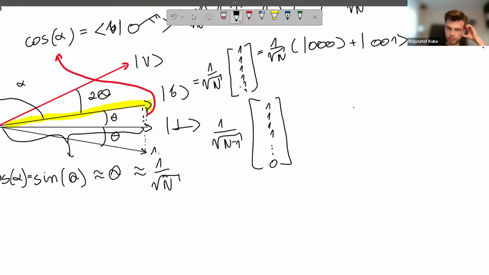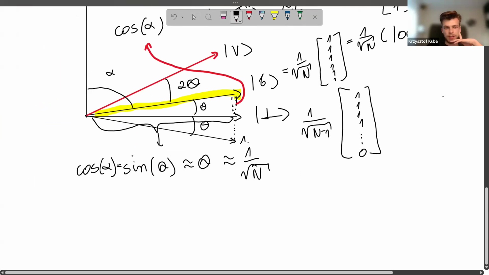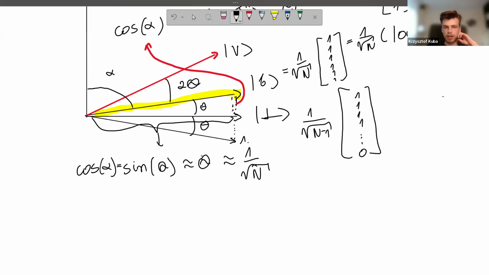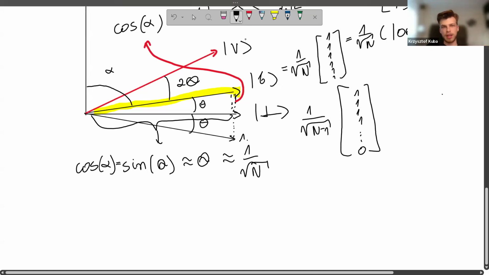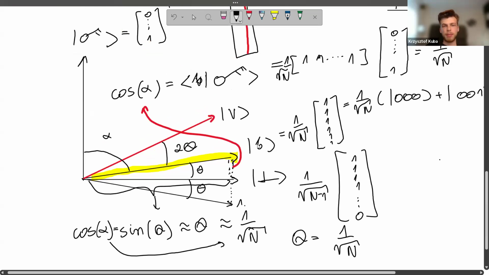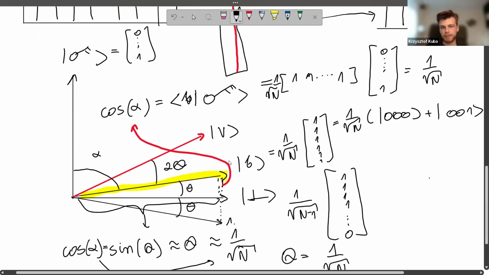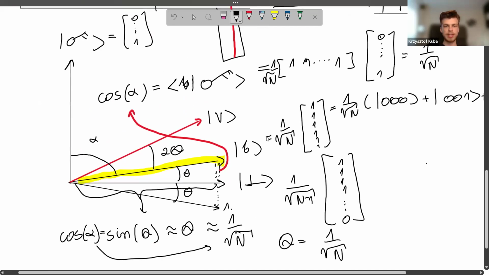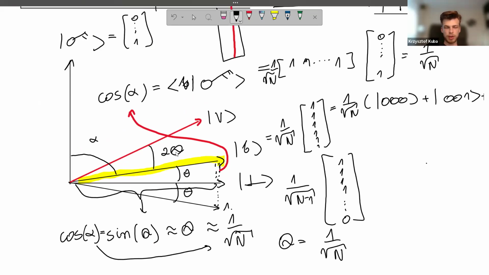Right. Cosine of alpha equals sine of theta, which in a Taylor approximation in the first order is just equal to theta, and that's why from this we can say that theta is equal to 1 over square root of n. By applying those two steps, phase flip and reversion about the mean, we have two steps of theta, right?